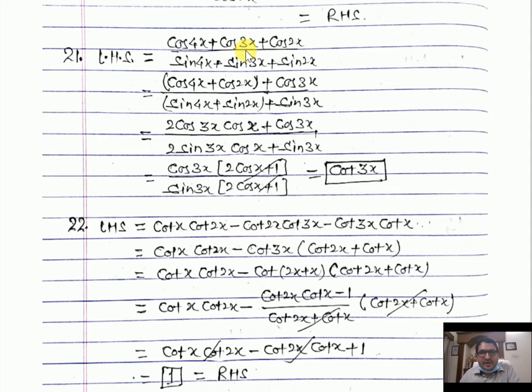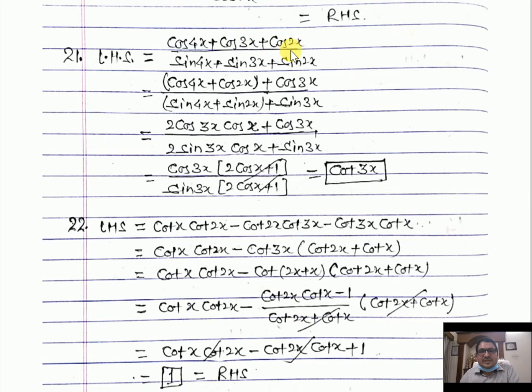Question number 21. Cos 4x plus cos 3x plus cos 2x upon sin 4x plus sin 3x plus sin 2x. Here also we need to combine any 2 terms to apply the formula cos c plus cos d or sin c plus sin d. If you combine 4x and 3x, you will not get a whole number: 4 plus 3 is 7, 7 upon 2 is 3.5.